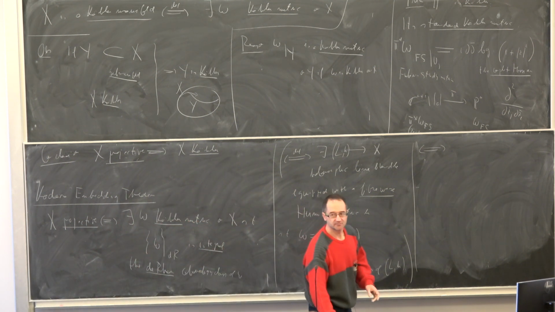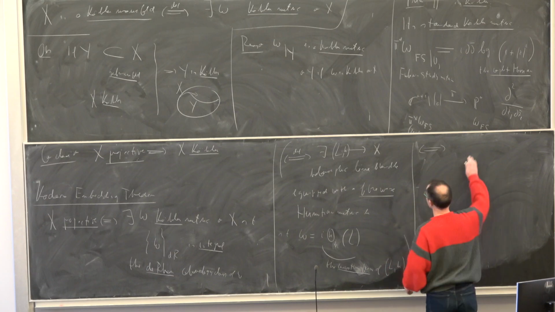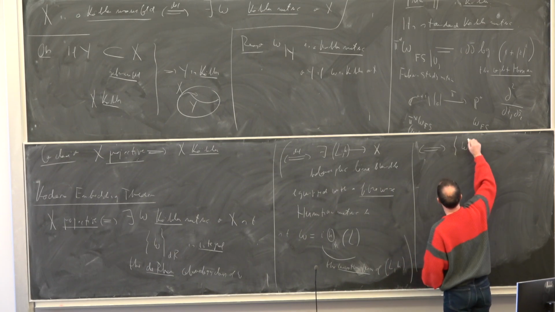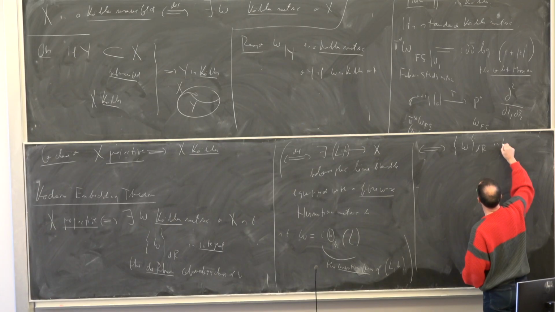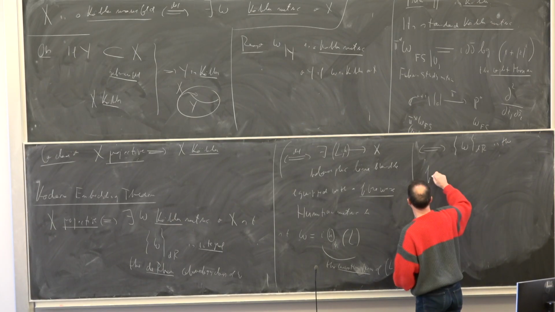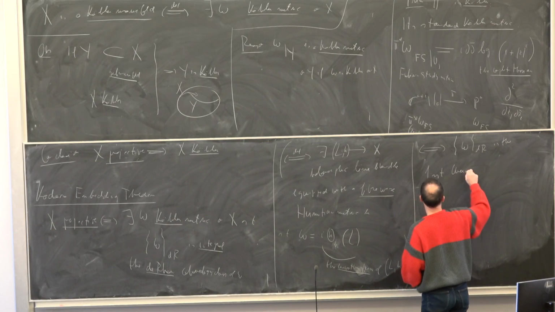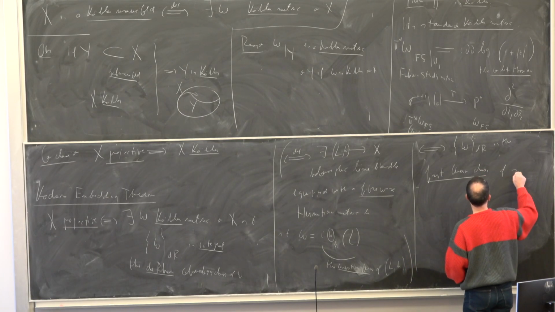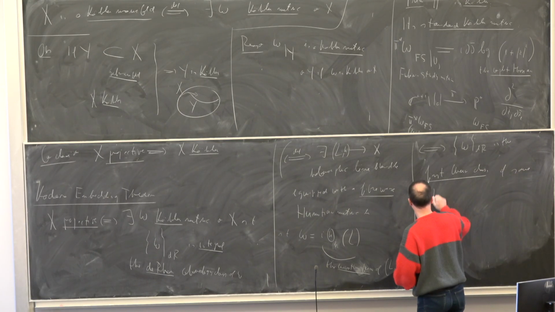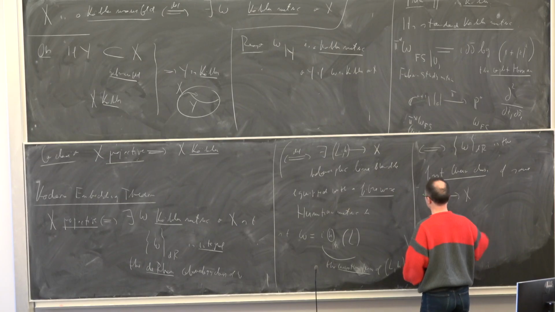And from an algebraic point of view, these points of view being equivalent, it means that the cohomology class of omega is the first Chern class of some holomorphic line bundle L over X.